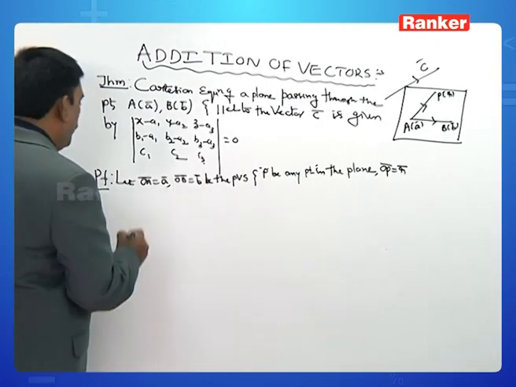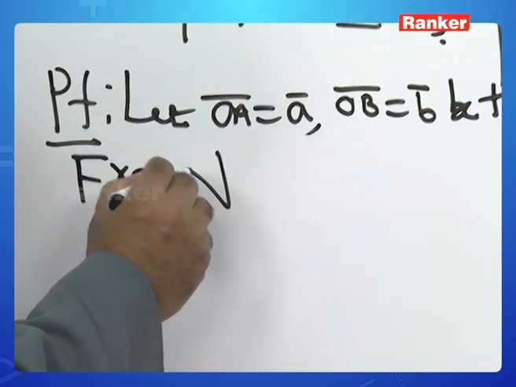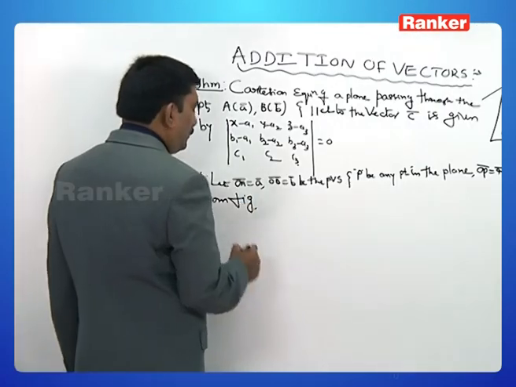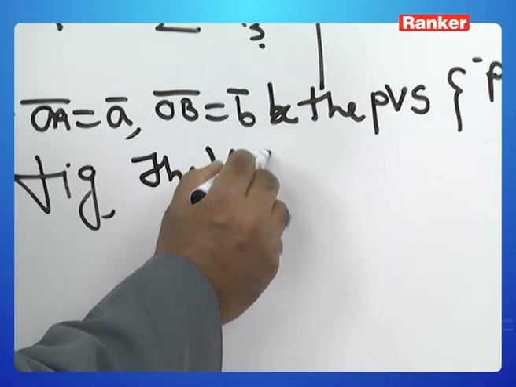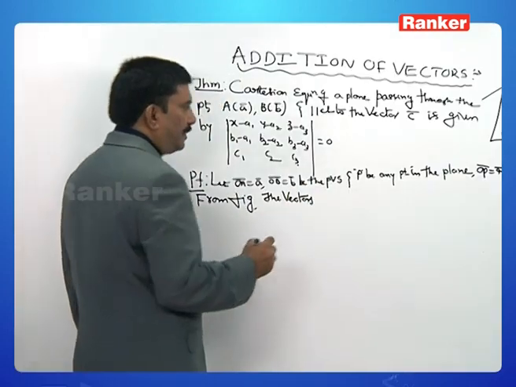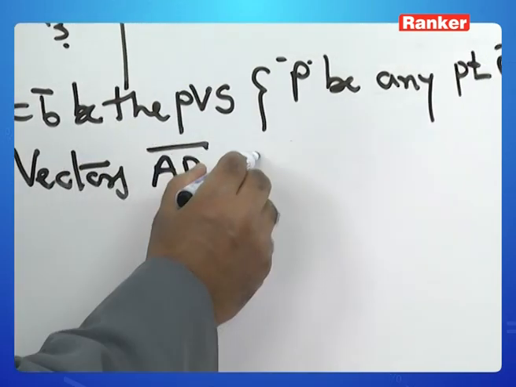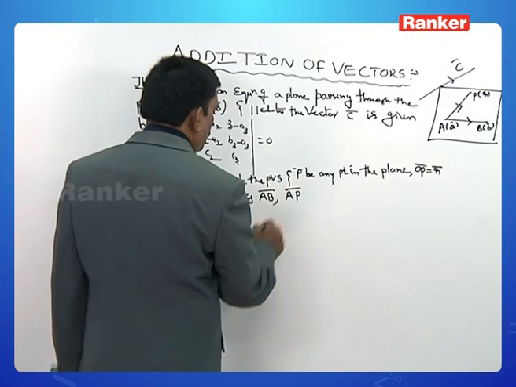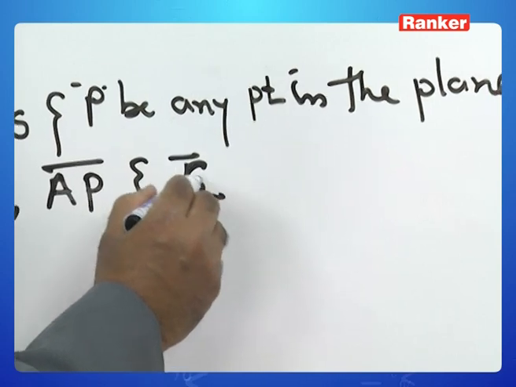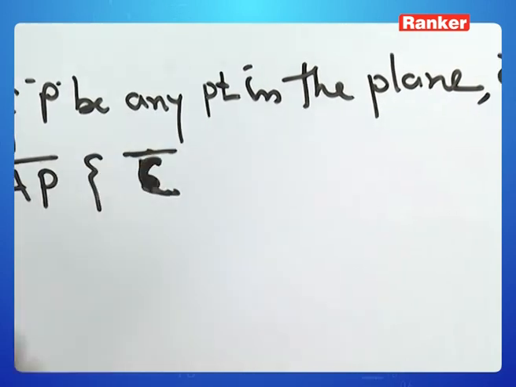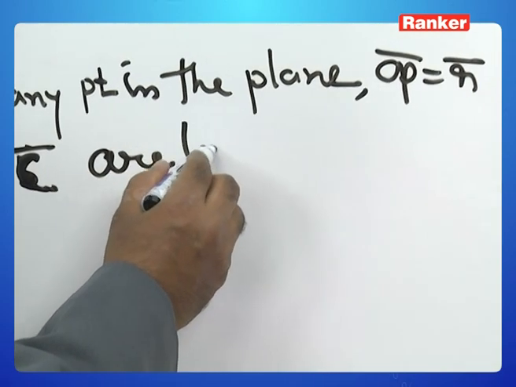From the figure, the vectors AB bar, AP bar and C bar are lying in the same plane.